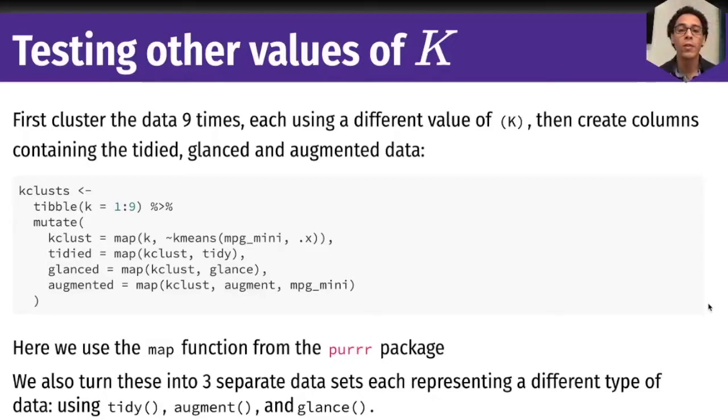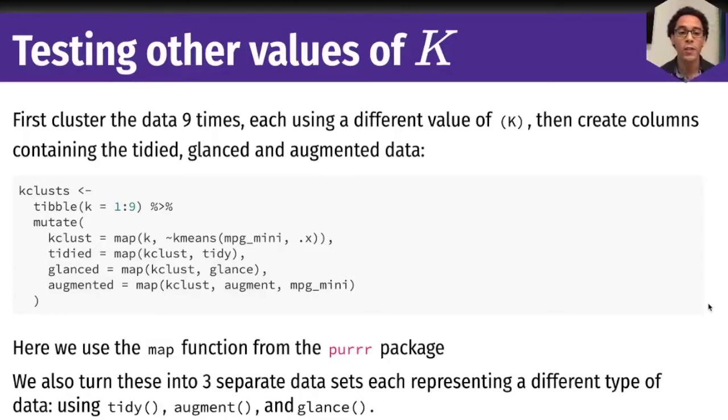So we are using now 3 functions from the broom package, and those are tidy, glance, and augment, that would allow us to keep track of all the different outputs provided by the kmeans function when running a clustering method. In this case, we're also using the map function from the purrr package, and if you click on the link, you can see more about this documentation.